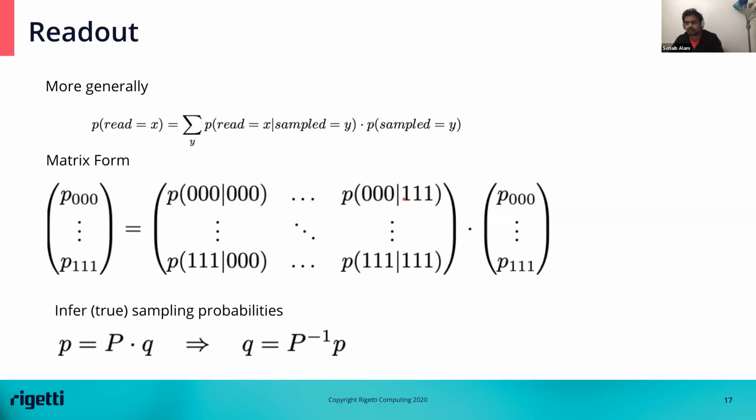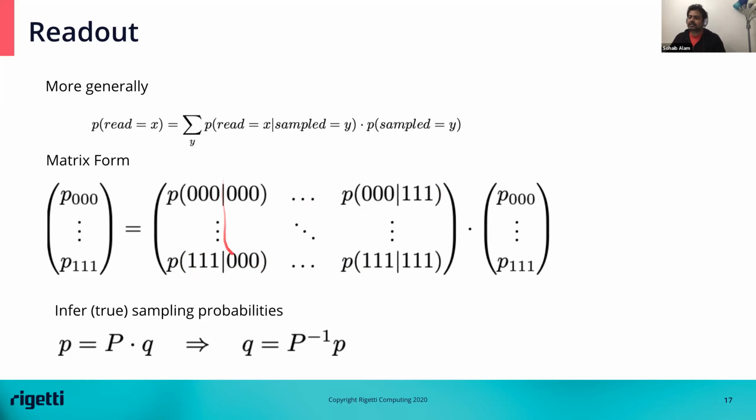And this is saying that you sampled it as 111, but you read all these bits in the wrong manner, and you read them out as 000. And of course you have everything in between, right? So you have P of read out as 000, given that it was actually 010 and 011, et cetera, et cetera. And likewise over here, right? So this is like you read it out as 111, even though you sampled it as 000, et cetera.